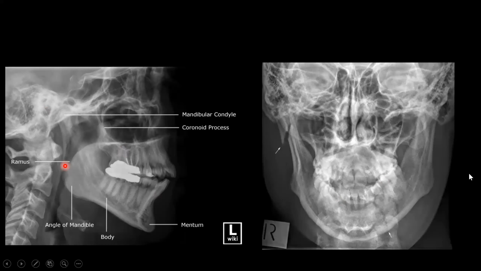Now look at this slide on your left. As you saw in the image on the previous slide, this is the mandibular condyle of the mandible.